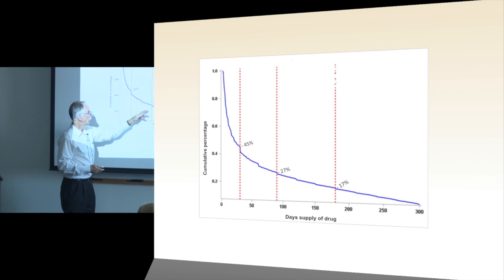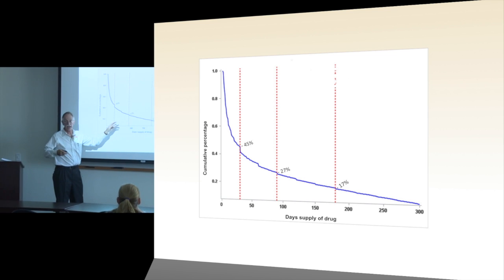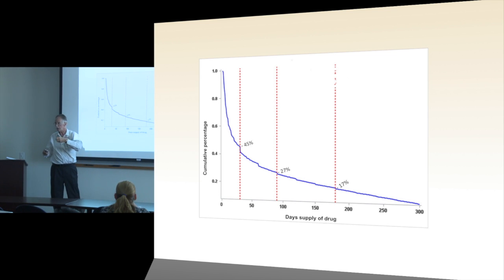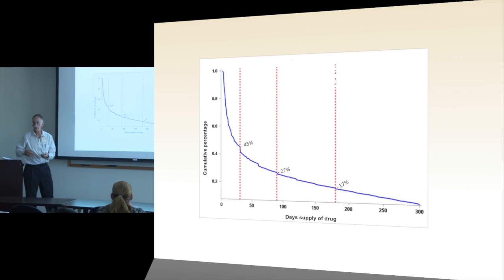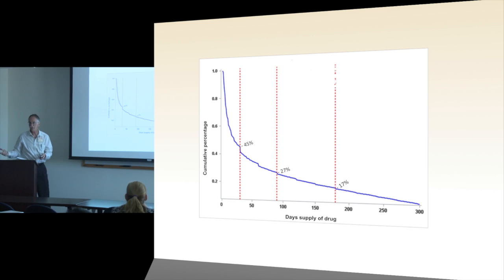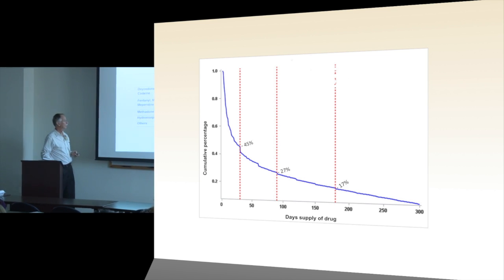And then 27% got at least a 90-day supply. You can't give a 90-day script. That means that they got 3 scripts. And then 17% got over 180, which we consider to be basically probably full-time. So that's just, once again, description.